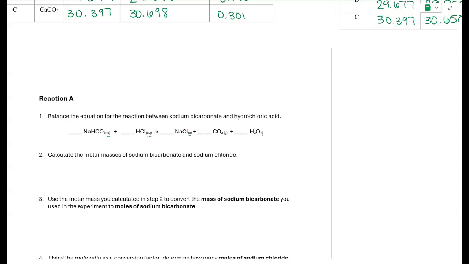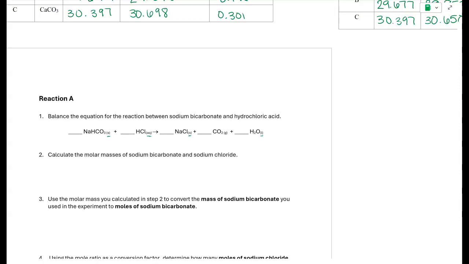Okay, so now we need to figure out the molar mass of the sodium bicarbonate and the molar mass of the sodium chloride so that we can convert the masses that we weighed out in the lab to moles. So we get the molar masses by adding up the molar mass of each element on the periodic table that makes up the compound.